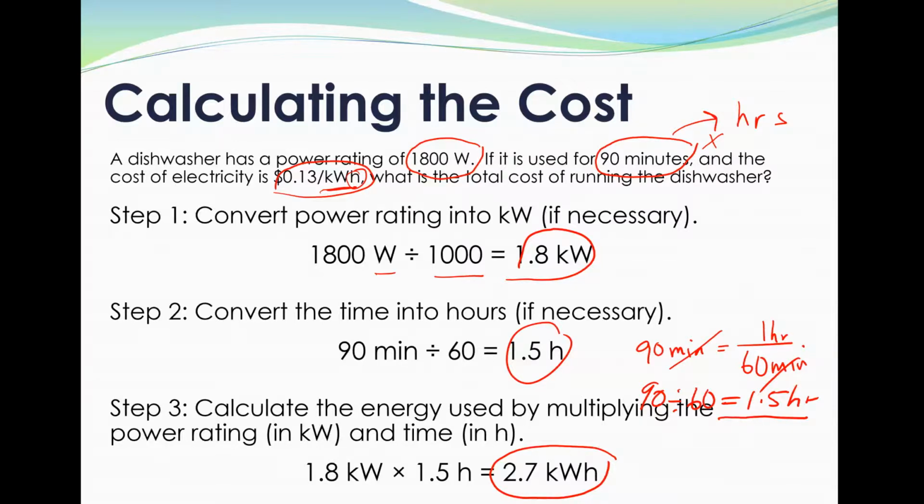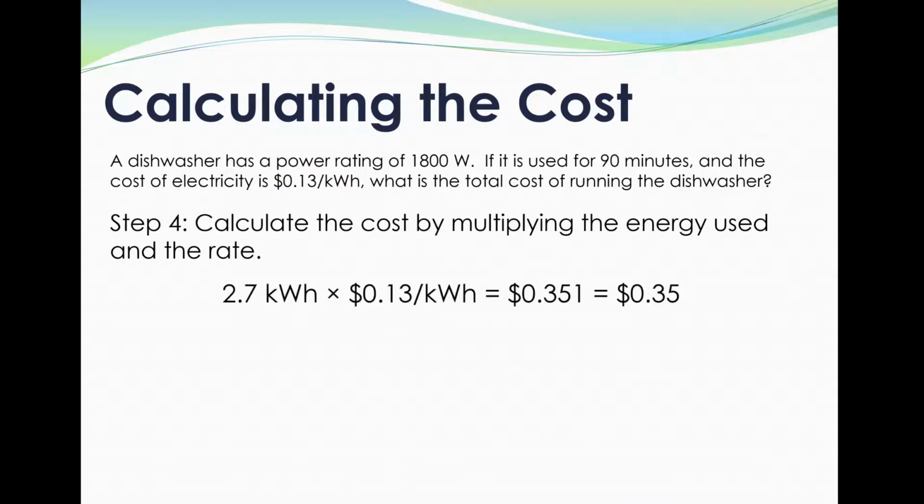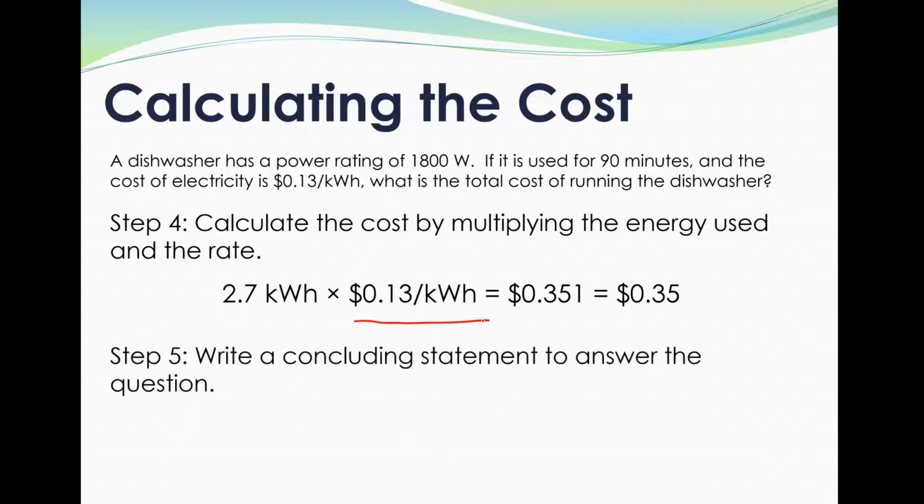Then we have to multiply that number, 2.7 kilowatt hours, by the rate, which is 13 cents. When you do that calculation, you get basically 35 cents.